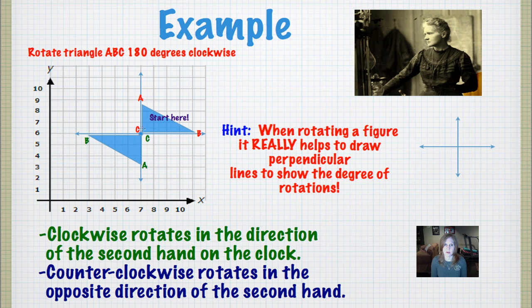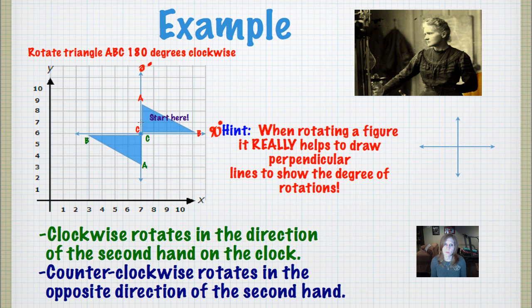It really makes rotations easier. So when I'm looking at point C, notice when I rotate it, point C stays right there at the point of origin all the time. This is my 0 degrees of rotation. When I rotate it a quarter turn, that's rotating 90 degrees clockwise. To do that, I would take my shape.